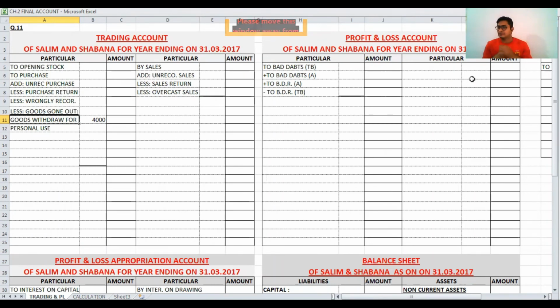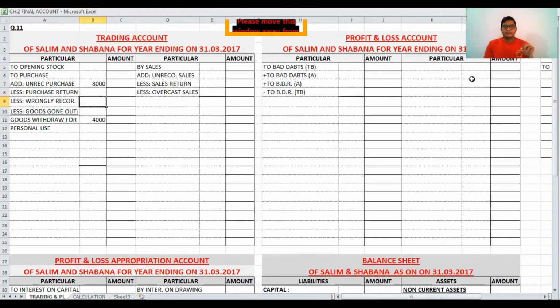Okay, then after that, second: goods of 8,000 purchased at the end of the accounting year were not recorded. Here there is a purchase of goods, so in the purchase account we have to write 'add unrecorded purchase' for 8,000.